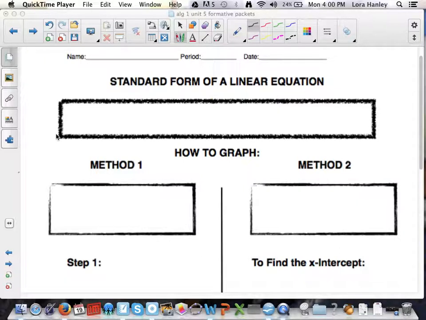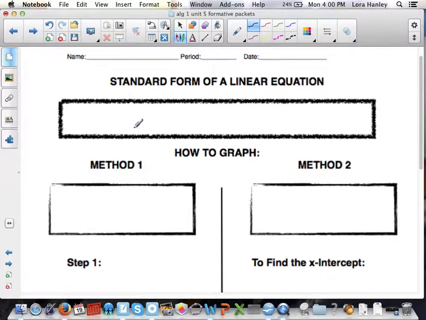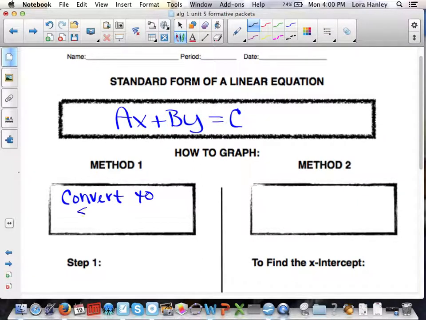So remember, standard form is Ax plus By is equal to C. And there's two ways to graph. One is to convert it into slope-intercept form, which is your mx plus b.